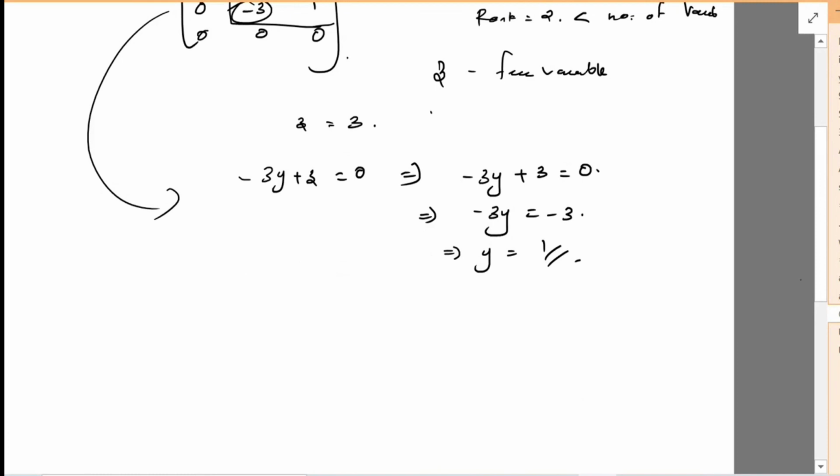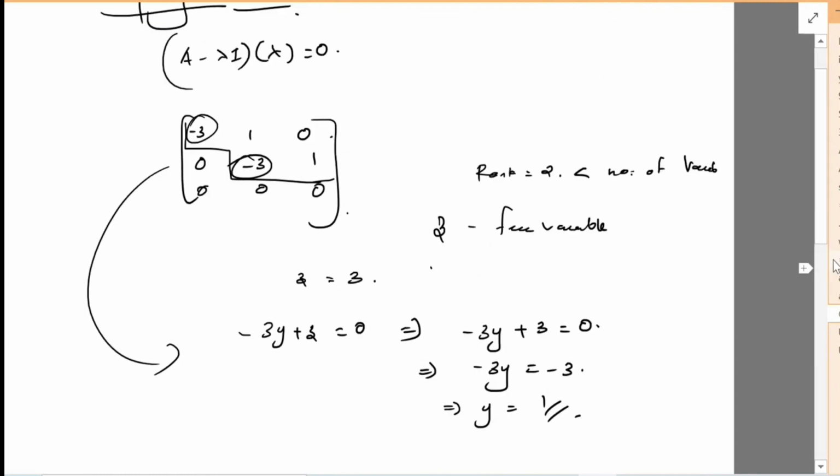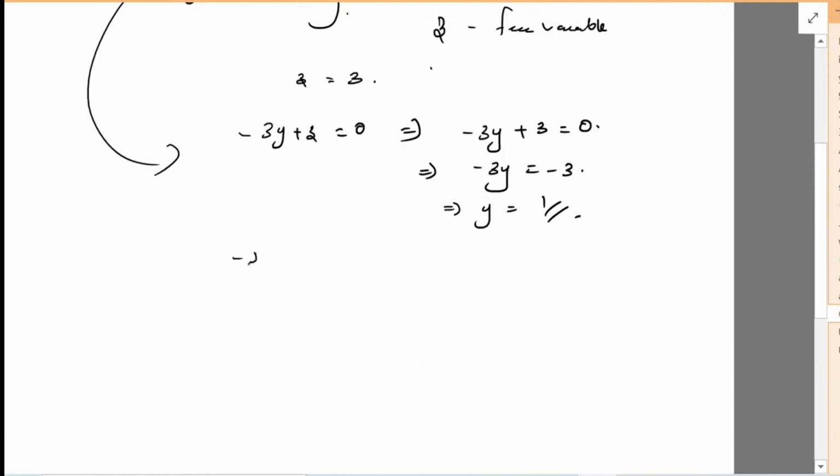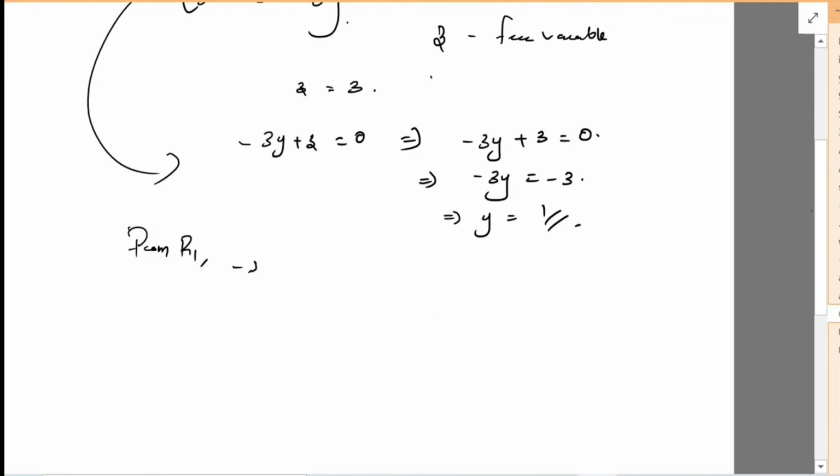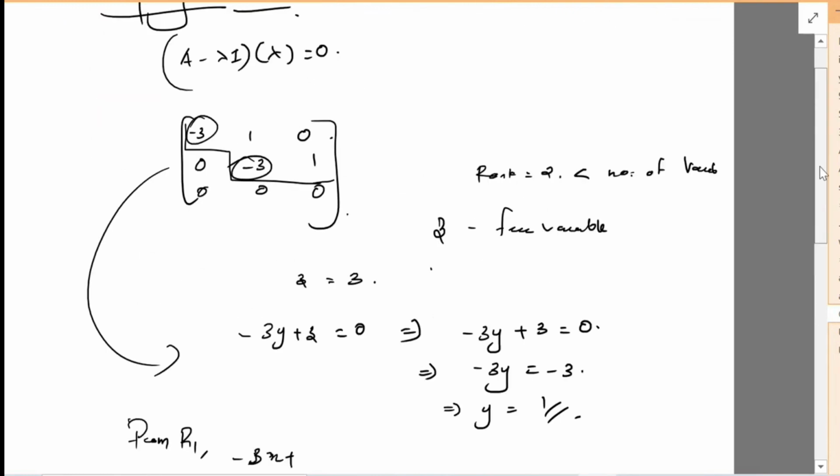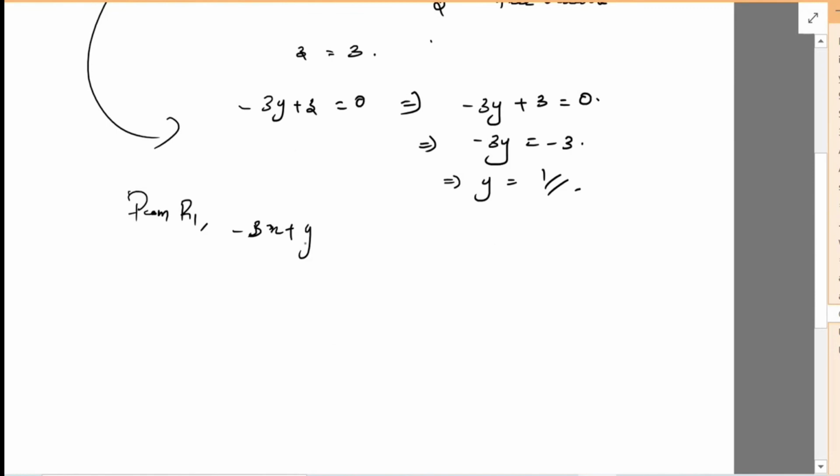And from the first row, the corresponding equation is minus 3x plus y equal to 0. But here we got y equal to 1. So minus 3x plus 1 equal to 0.